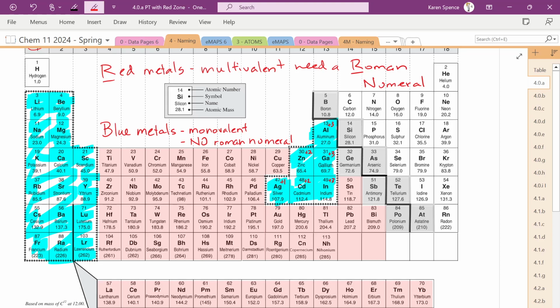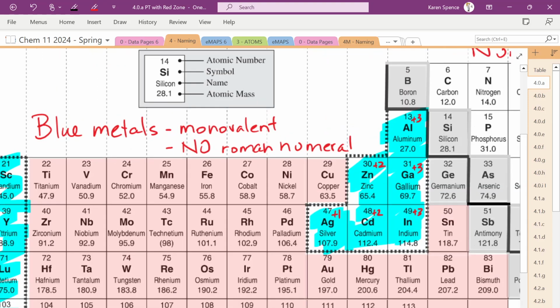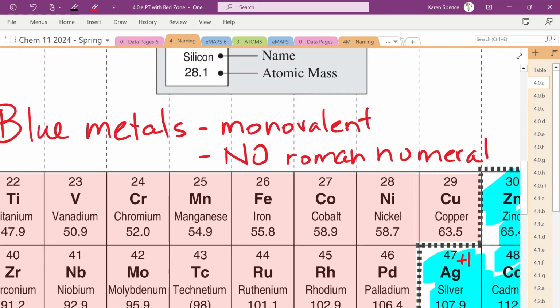Multi means many, yes? There are many possible charges for the red zone metals. Iron can be plus 2 or iron can be plus 3. Copper can be plus 1, copper can be plus 2. Manganese, good gracious, manganese can be plus 2, plus 3, plus 4, plus 5, plus 6, plus 7, plus 8.